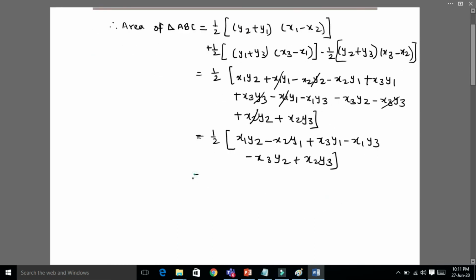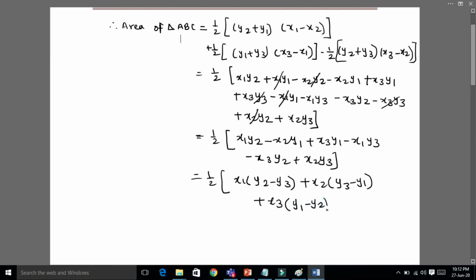So that is equal to half into, take x1 common, so we get y2 minus y3, plus take x2 common, so we get y3 minus y1, and from the last two terms take x3 common, we get y1 minus y2. Bracket complete.